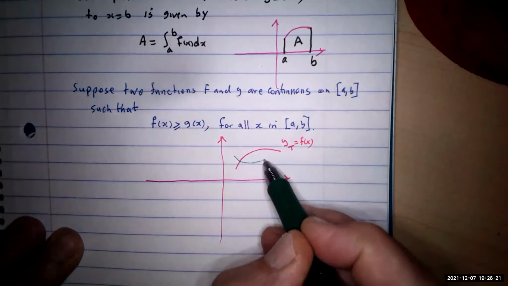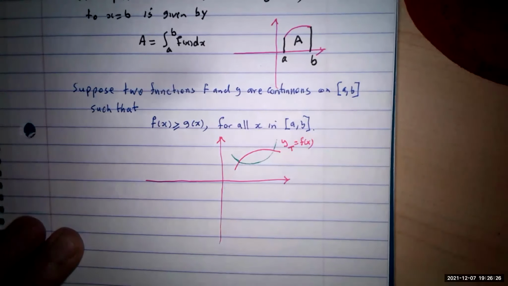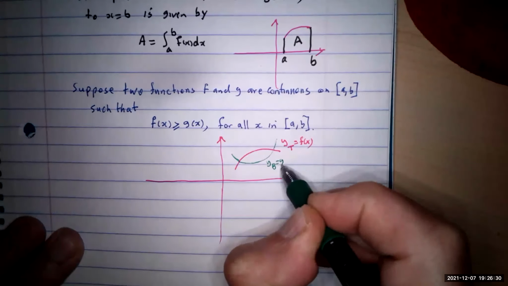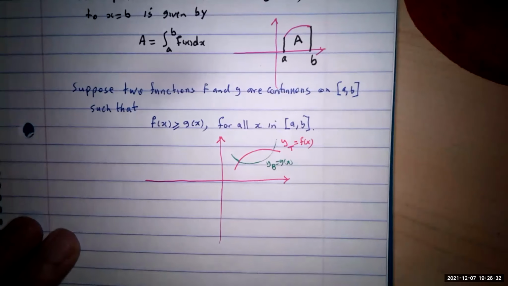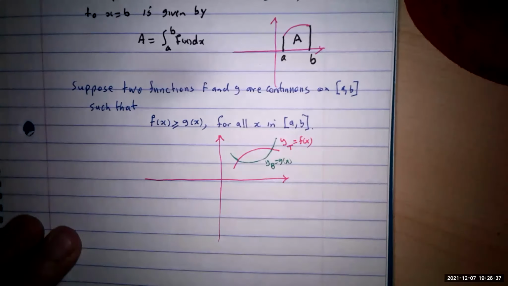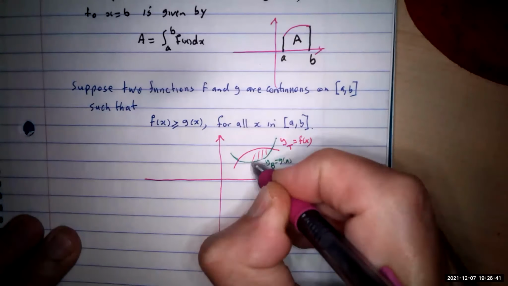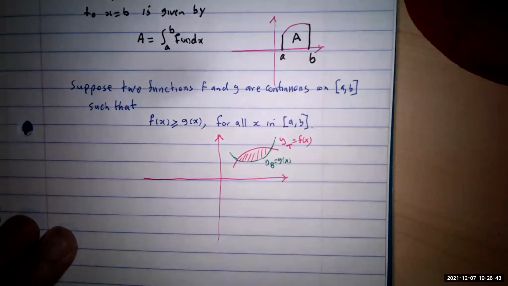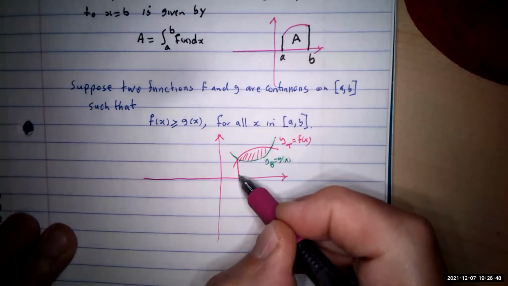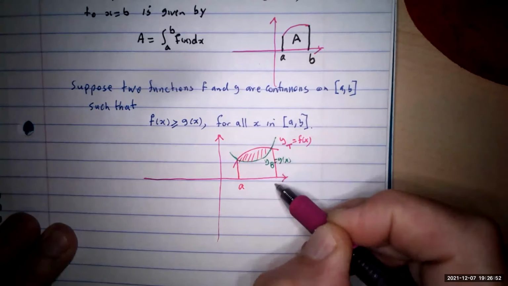This is the second function, y of the bottom, which we call g of x. So there is going to be a region in between. You see, this region is the one between these two curves. And suppose this point is A, and this point over here is B.